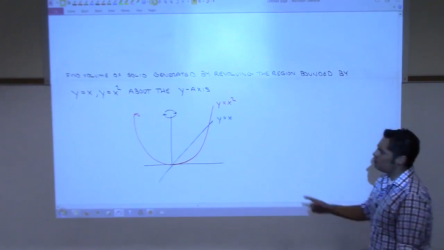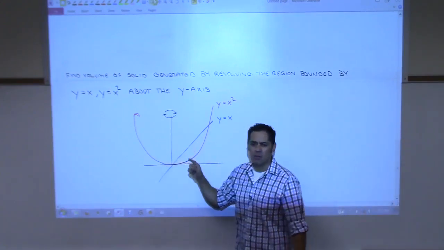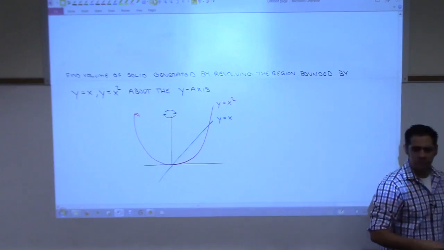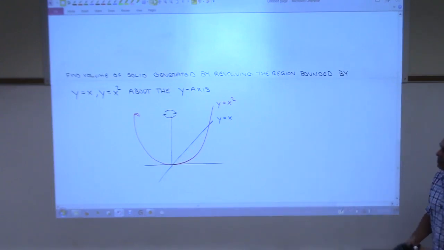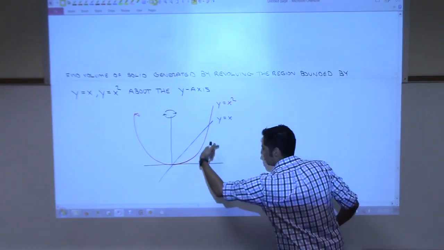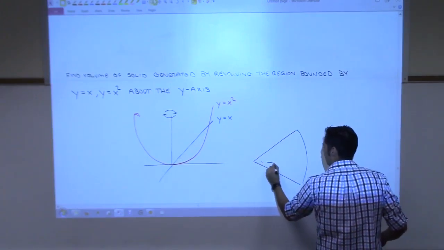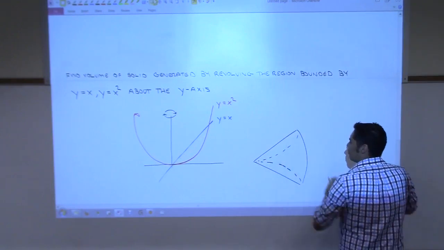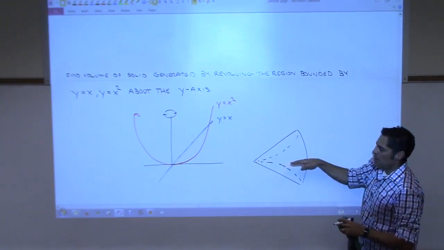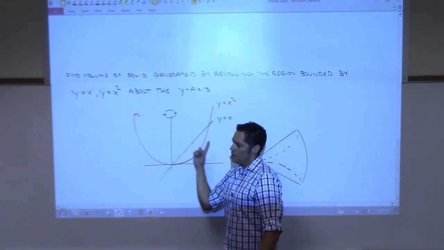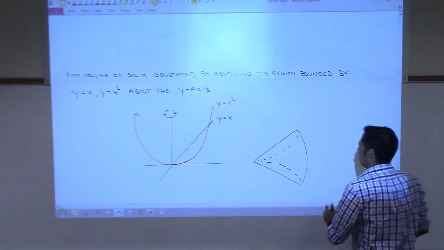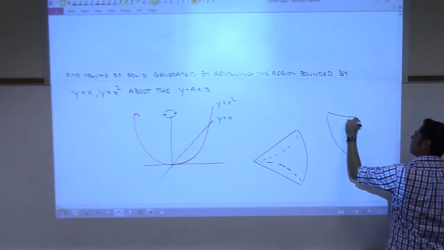Is that volume the same as the volume if I rotate around the x-axis? See, if we go around the x-axis, we said we got some object that looked kind of like this, that I could not put my hand through it, right? If we go around the y-axis, it's going to look like this.